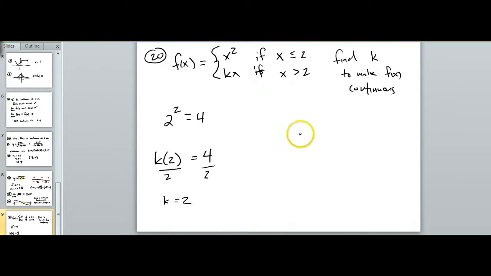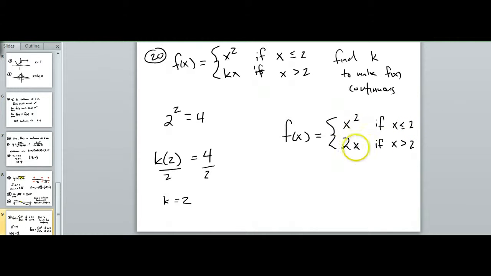Alright, so if the function is x squared and 2x, where we're breaking this thing up, then now this thing is continuous all across the domain. Okay, here's the point where we break it apart.